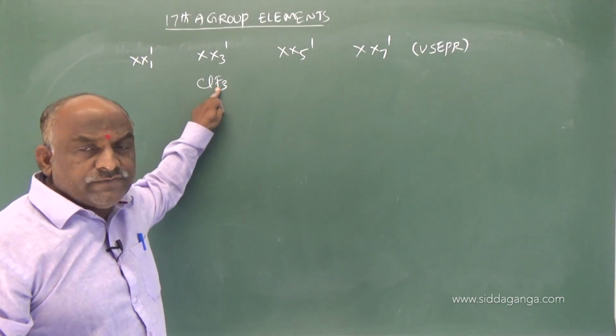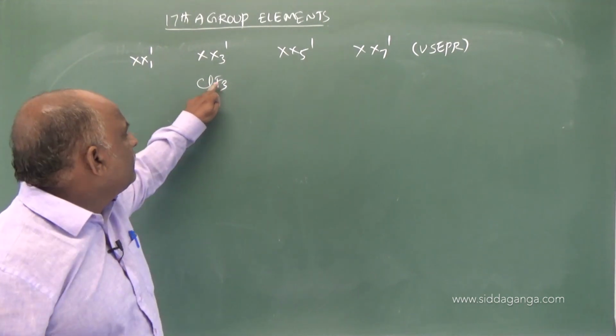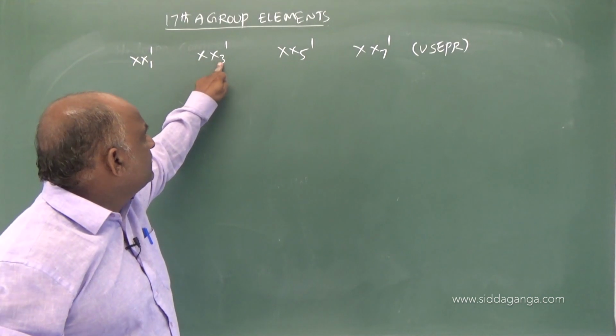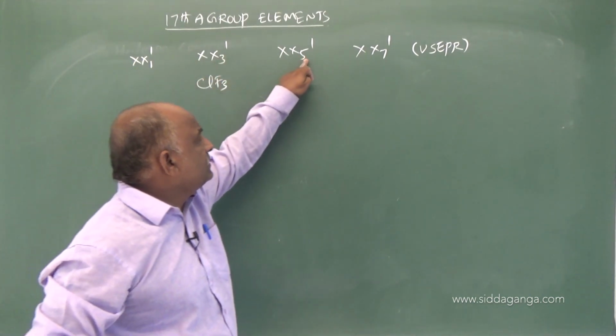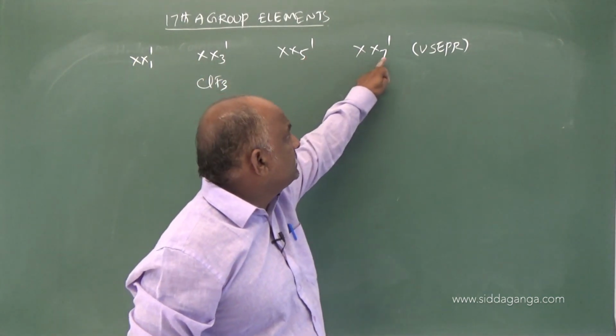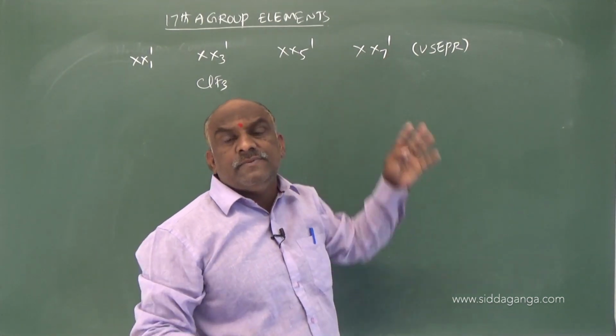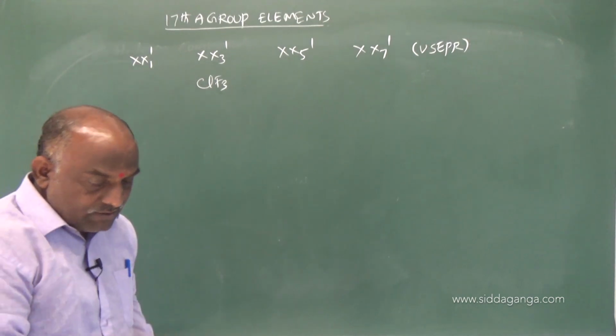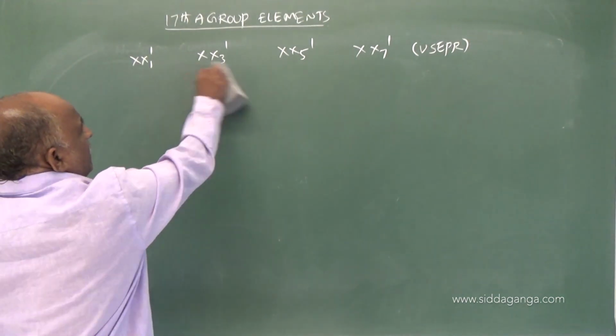Each fluorine requires 1 unpaired electron, so 3 fluorine atoms require 3 unpaired electrons, clear. Here 3 means 3 unpaired electrons are required, here 5 means 5 unpaired electrons, here 7 means 7 unpaired electrons, when it is possible. Here 1 means 1 unpaired electron is required.